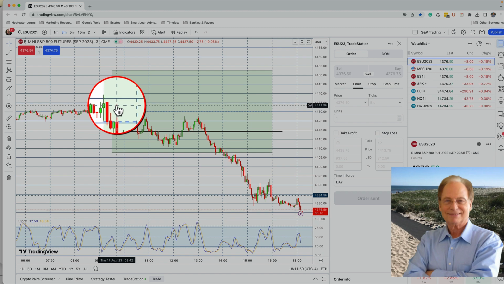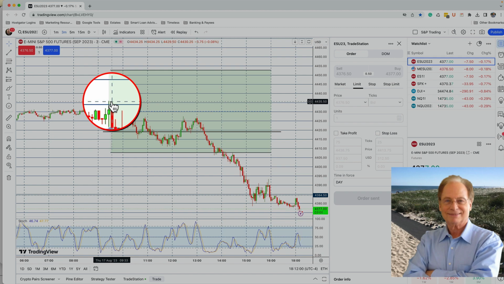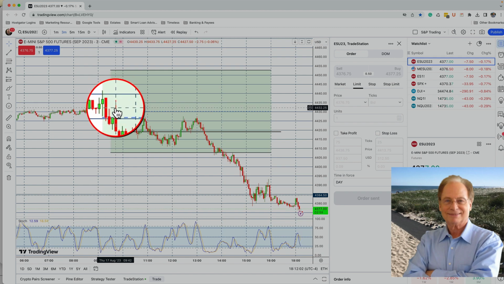And here in this candle, the high was 44.33 and 3 ticks. Never reached the high of 44.35 and 3 ticks. So at this point, when this candle was formed, we could take it to mean that it was likely we could get on with reasonable assurance and with minimal risk. What do I mean by minimal risk?